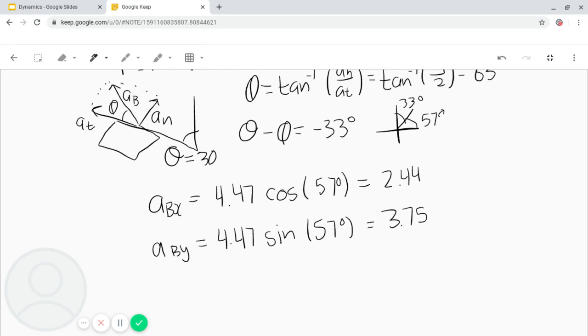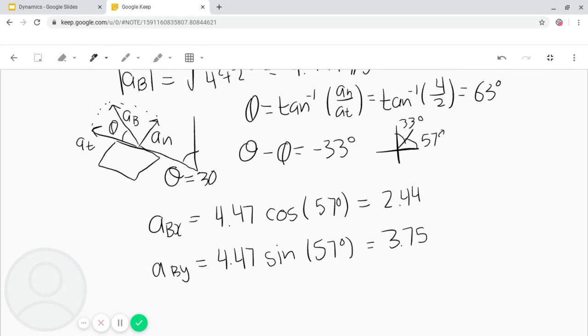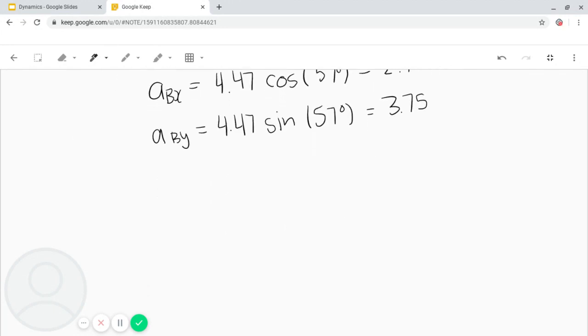Okay, so now we have the acceleration of A and acceleration of B, both in terms of x and y components. So what we're going to do is find relative acceleration. Acceleration of A relative to B is equal to acceleration A minus acceleration B, and I'm going to do this in ij components.